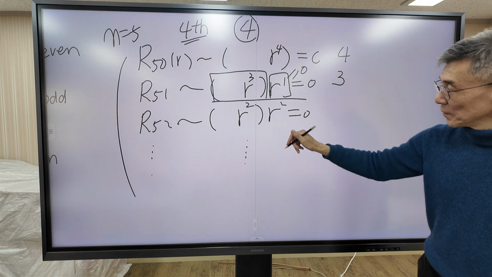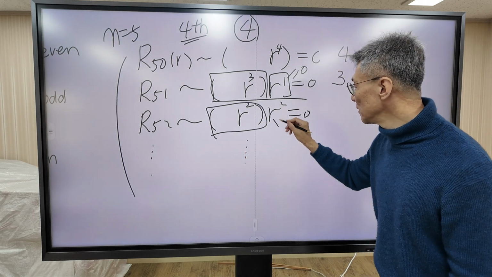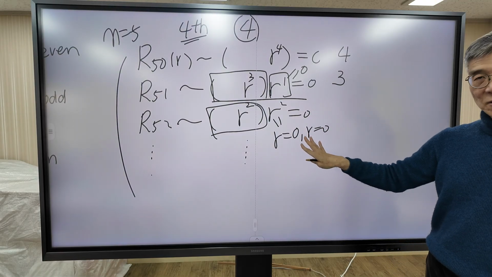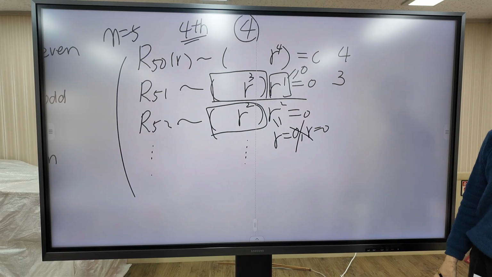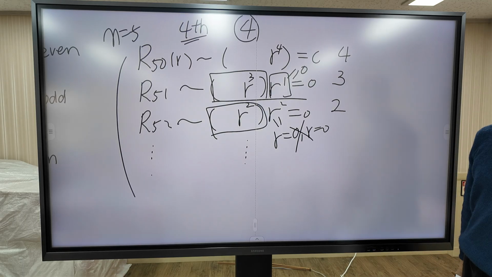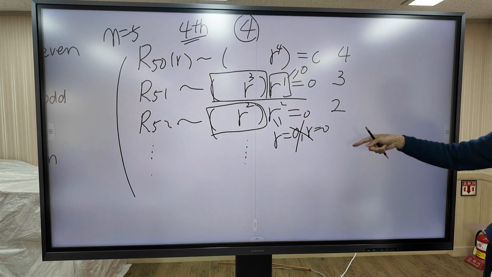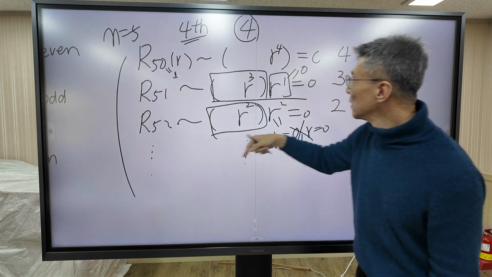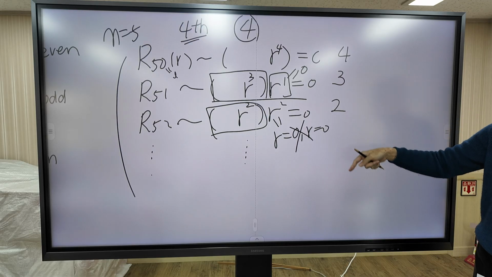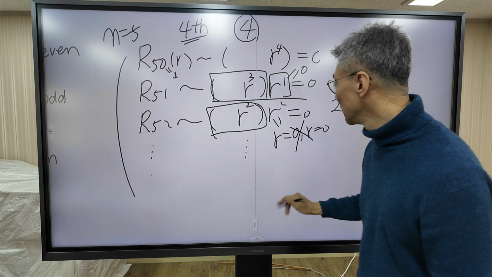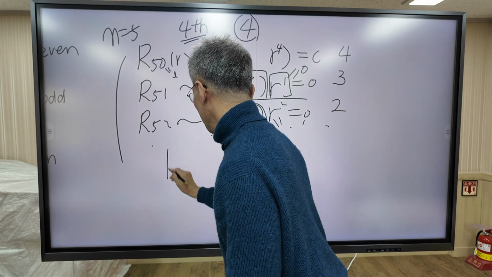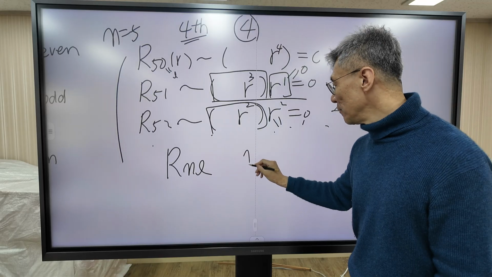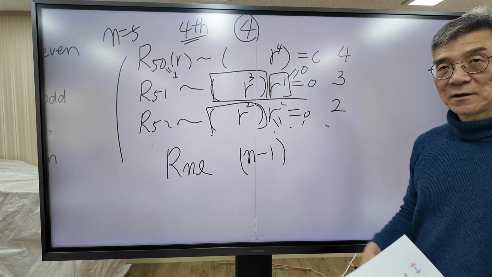How about this one? In this part we have 2 solutions, but these 2 solutions correspond to r equals 0. This one is not a nodal point, so we have only 2 nodal points. So when the L quantum number increases, the number of nodal points decreases. Generally speaking, for R and L, this wave function is an n minus 1 power polynomial.